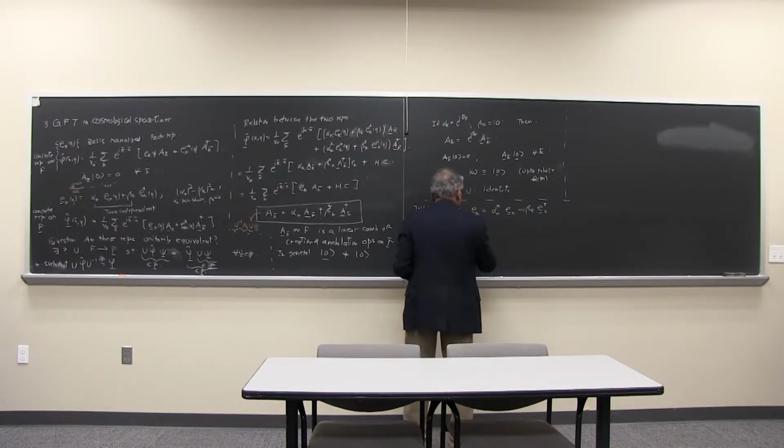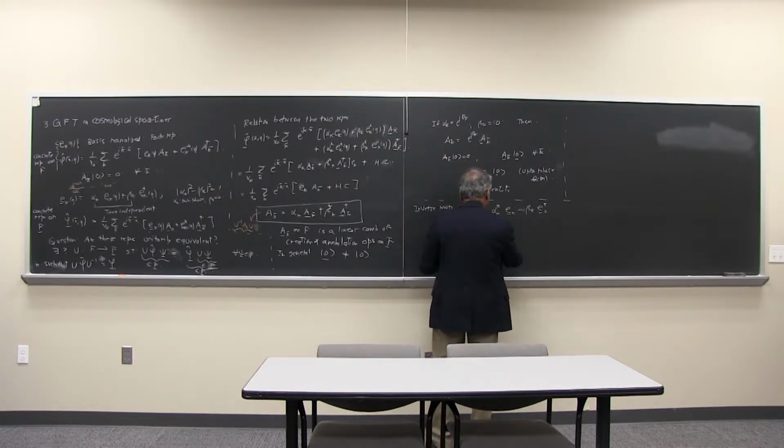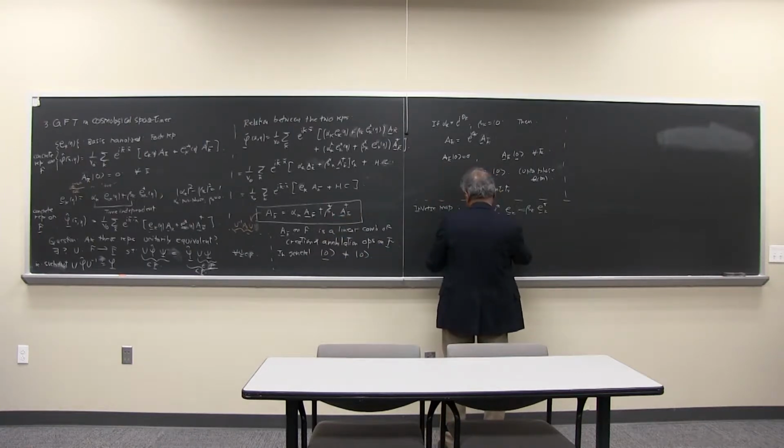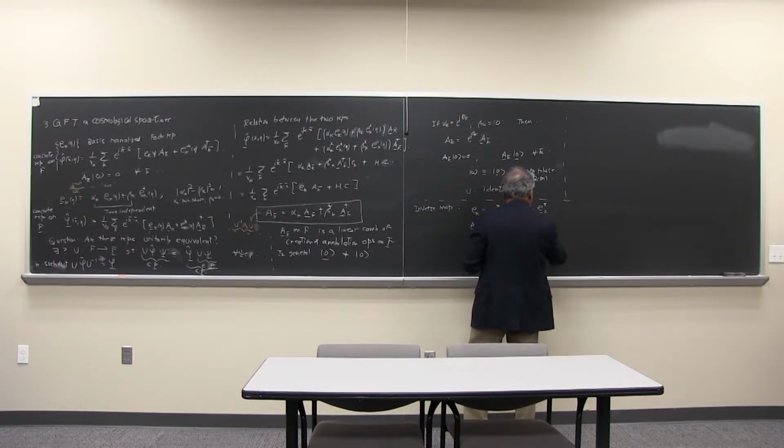So similarly, we can write down here that A bar_k, this operator, is going to be equal to alpha_k star, which I can just take from here, times A_k minus beta_k star times A dagger_k.